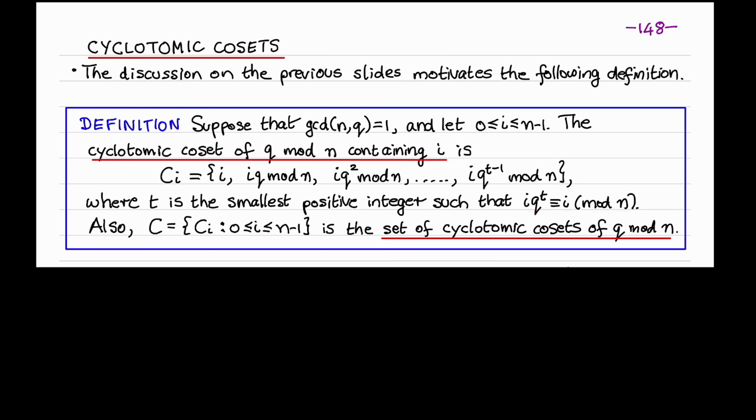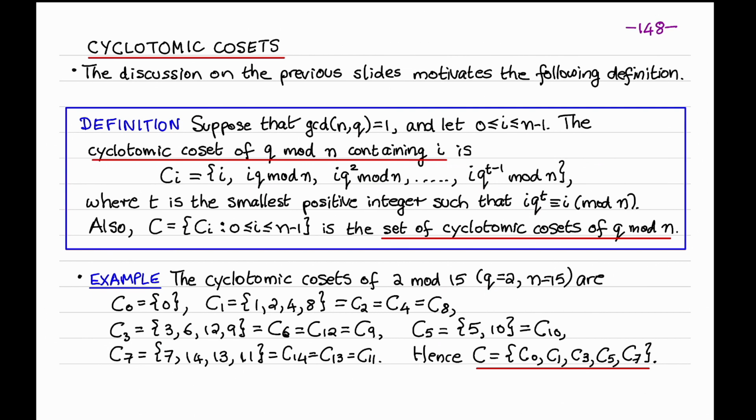In other words, the next element in this list would be i times q to the t modulo n, which is equal to the first element of the list, namely i. Also, by C, I'll denote the set of all cyclotomic cosets of q modulo n. So this is the set of all cyclotomic cosets C_i as i ranges from 0 to n minus 1.